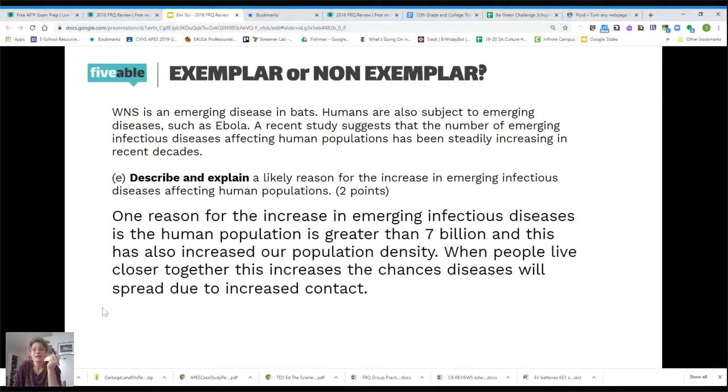Okay, I disagree with you guys. Did they describe the reason? Is this descriptive? The human population is greater than 7 billion, and this has also increased our population density. No? Okay, well, let's see what AP thinks.